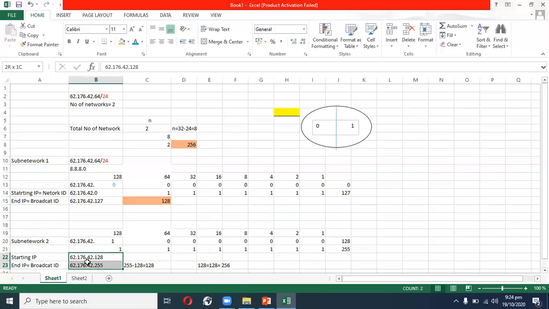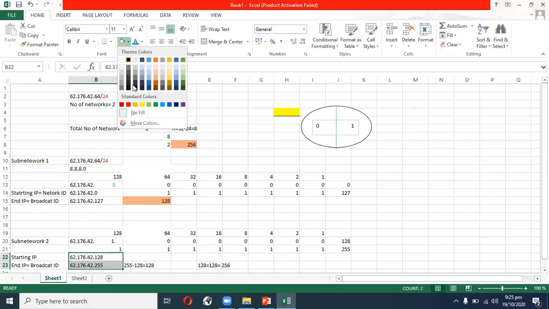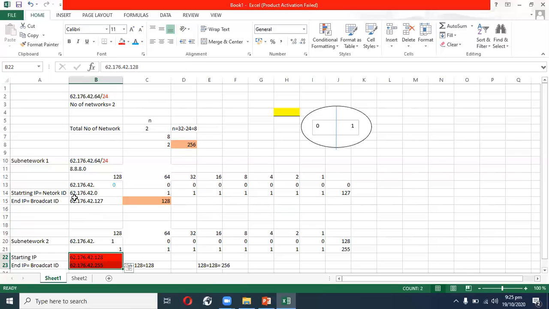So these are the IPs of our first subnetwork, and these are the IPs of our second subnetwork. The only thing you have to remember here is that when you divide into 2, you just make a circle and divide it into 0 and 1. The first subnetwork will be 0.